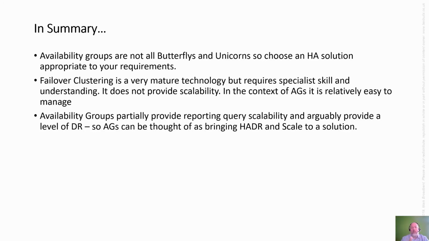And they also provide a good level of HA and arguably a little bit of DR, because if a server blows up, then clearly if you have another synchronous replica, then you could get back to a point in time, because all those synchronous changes were captured in the transaction log. So I would argue that there is a certain level of DR introduced.